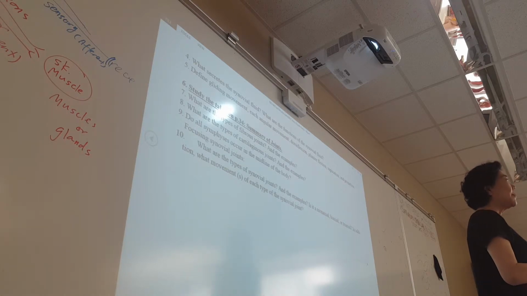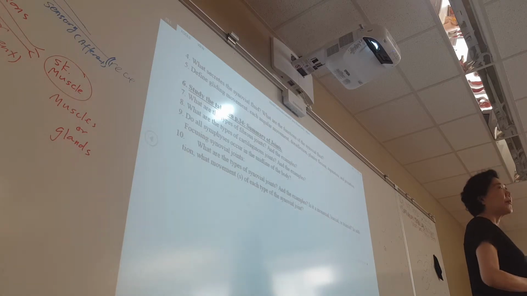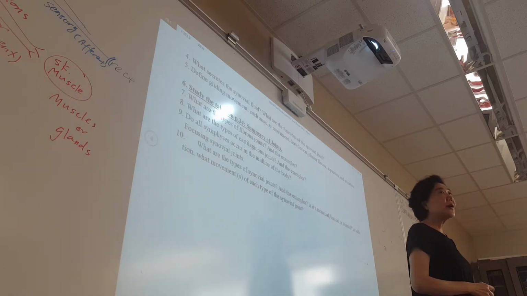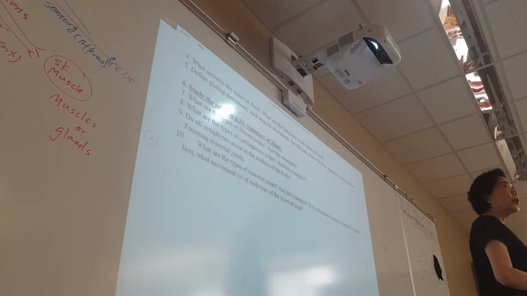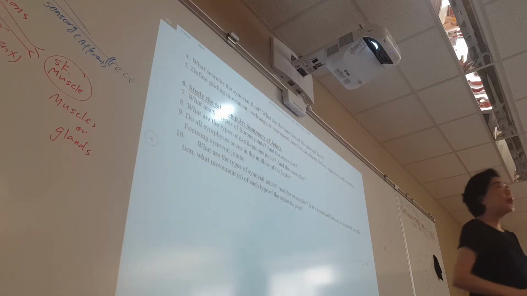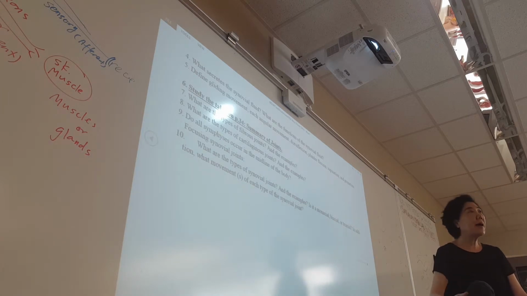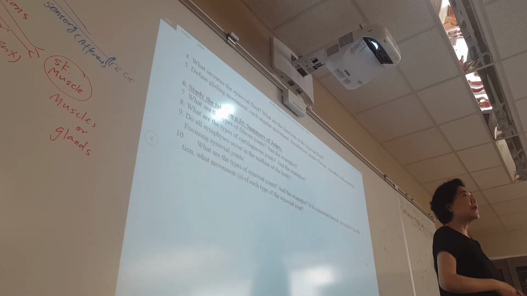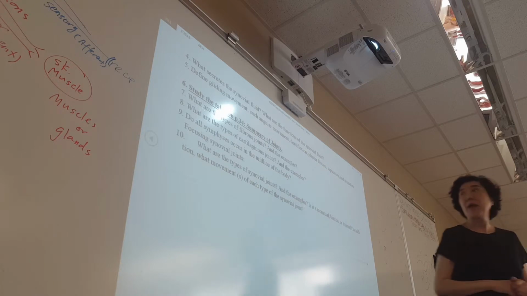Example, the joint between the tibia and the fibula on the distal end. Third one, interosseous membrane between your forearm bones, radius and ulna, and between your leg bones, tibia and fibula, interosseous membrane. Okay?